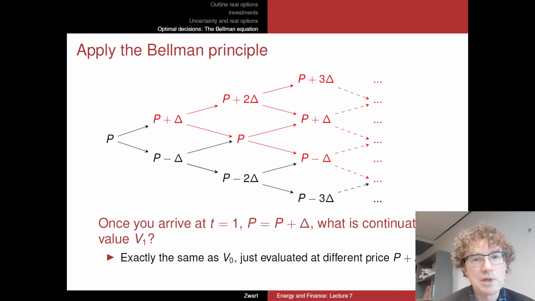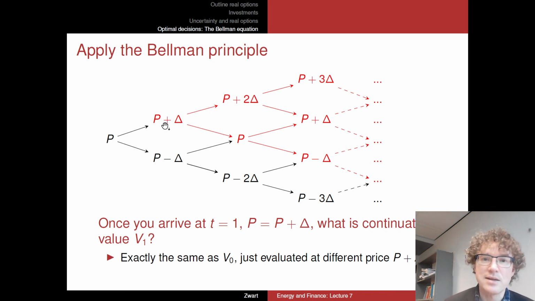So again, here we are going to apply this Bellman principle. Once we wait from period 0, so we do not invest in period 0, and we end up in period 1, where are we? Well, we are again at some price level, p plus delta. Now we know that we are in the upper level here, p plus delta. And again, we have to figure out the value of the project over here.